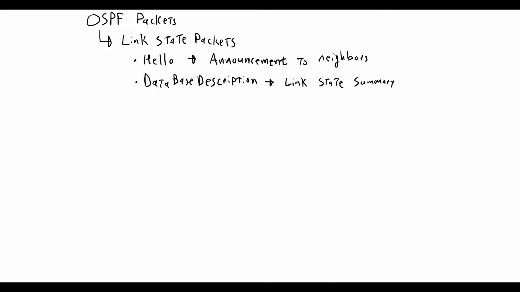A node can send out a link state request. This would be when a node is either trying to discover a portion of its link state that it is missing, or when it is trying to update information.